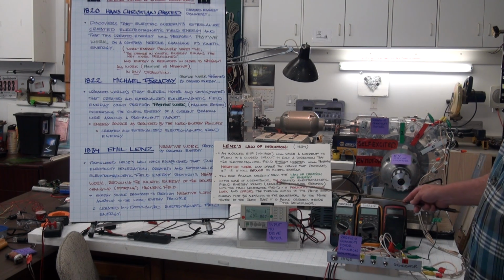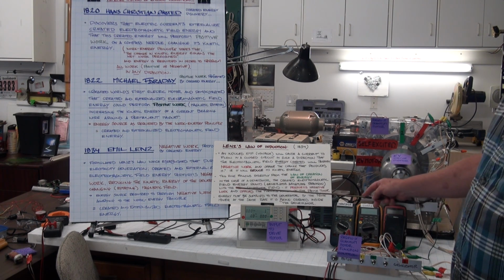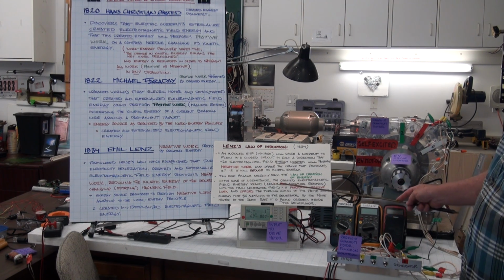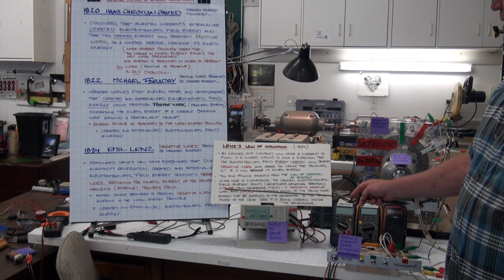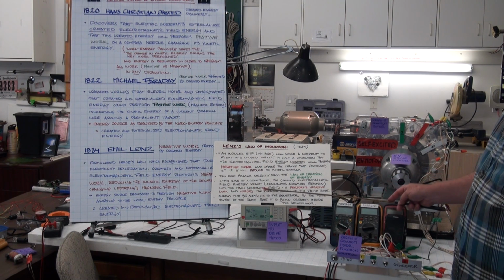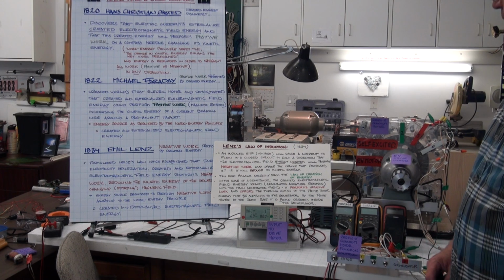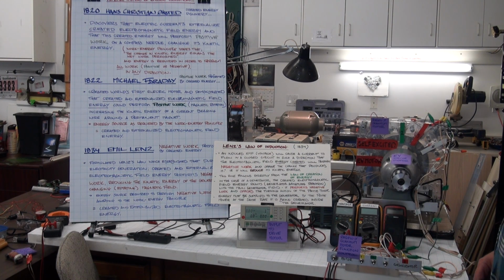In the case of a generator, the created electromagnetic field energy produces generator armature reaction with the main generator field, and it performs negative work, and it opposes the turning action of the prime mover. The energy must be supplied.